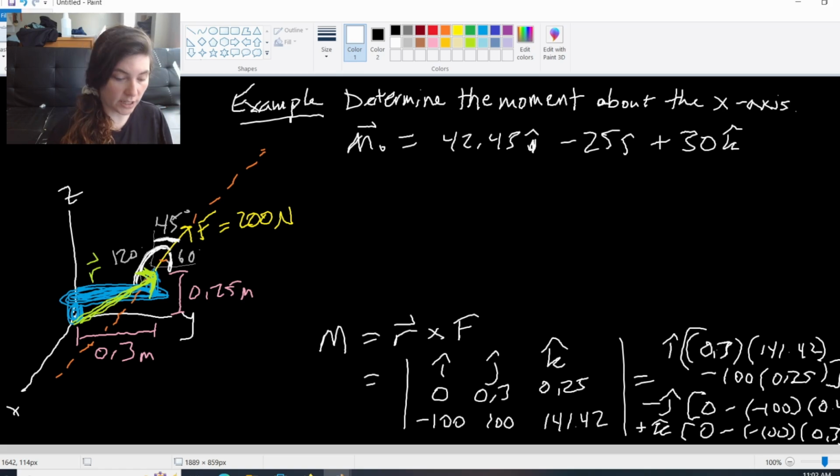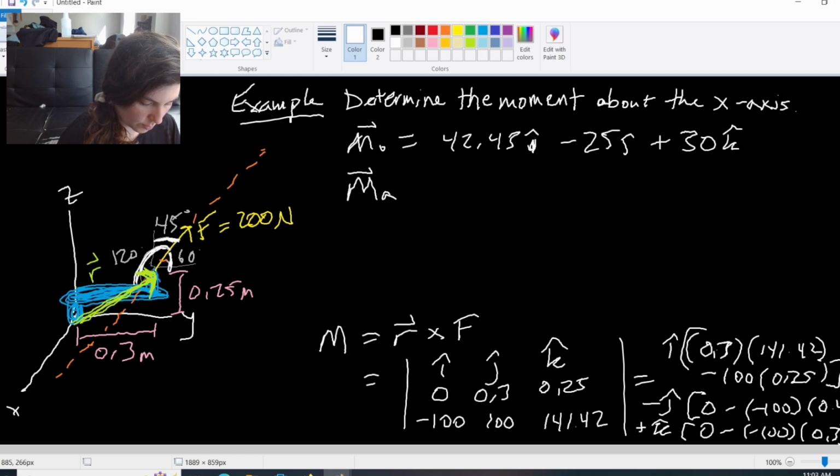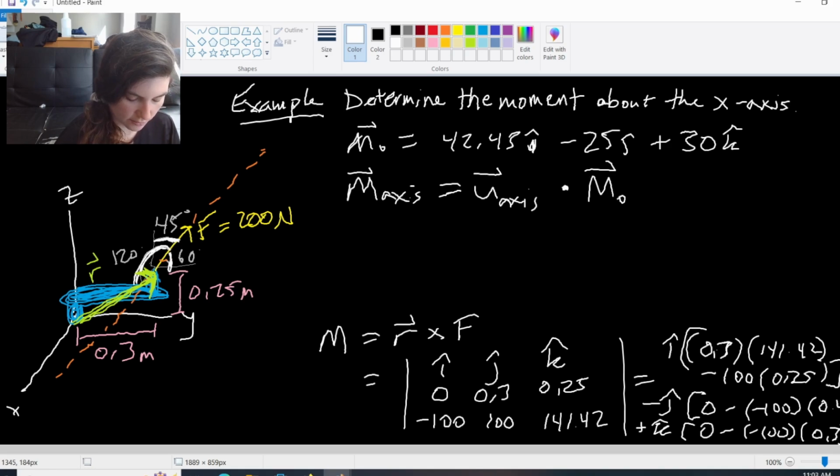Now my step 3 is to do the dot product, right, to get the moment about the axis. This is about the x-axis. I do the dot product of my unit vector about the axis with that moment that I just found, that R cross F. So here, we said our unit vector was i hat.